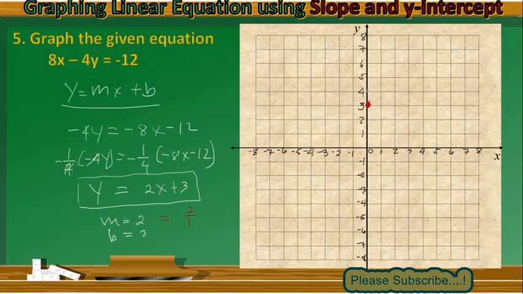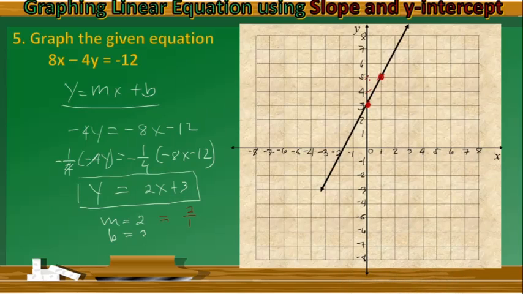So we count 2 steps upward, 1, 2, then 1 for the run. So this is the second point. To connect that one, that will be our graph of the equation 8x minus 4y equals negative 12. I hope you learned in this video, and thank you for watching.